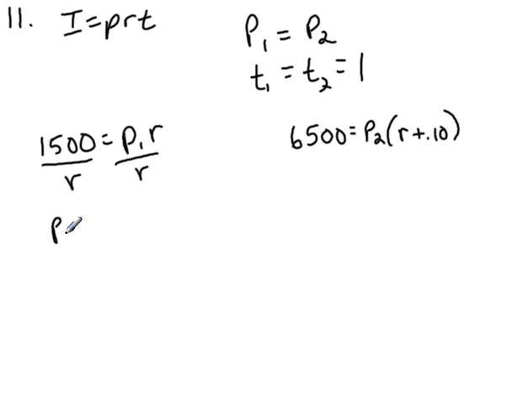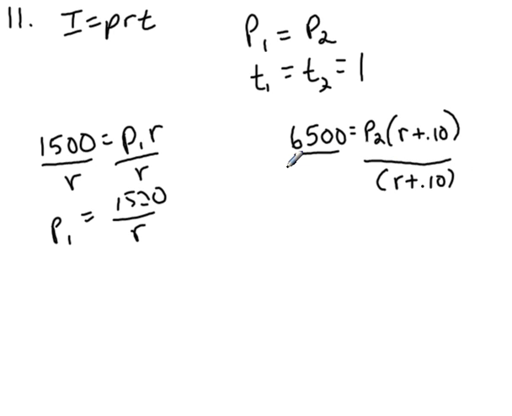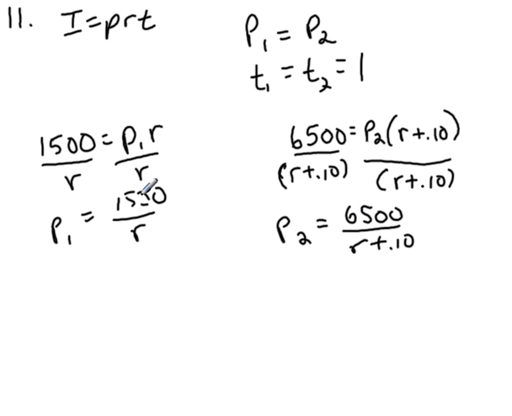P1 is equal to 1,500 divided by R. And here I'm going to divide by R plus 10% on both sides, which gives me P2 is equal to 6,500 divided by R plus 0.10.